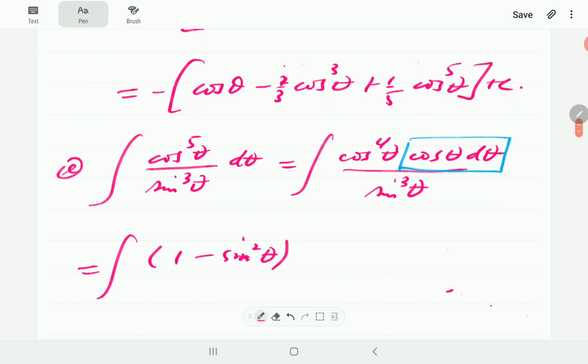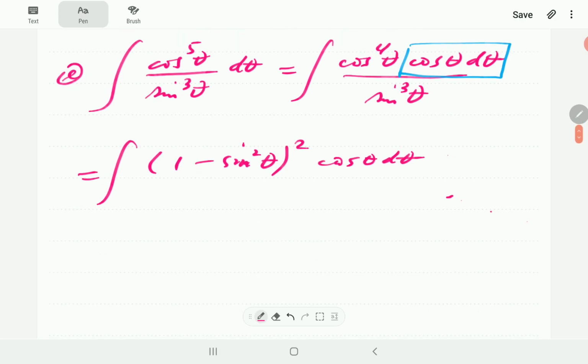Cosine to the power 4 is cosine squared squared. So if we square this, then that is going to be cosine to the power 4. The denominator is in terms of sine, so that is all right.